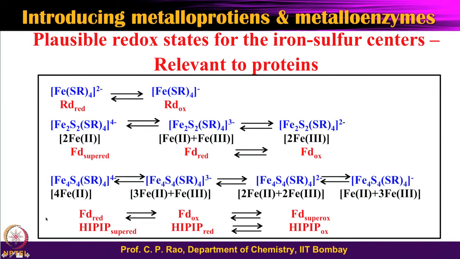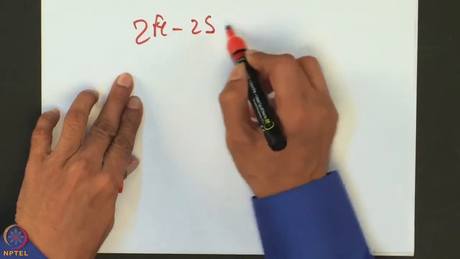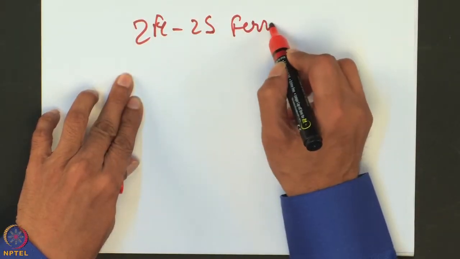But in protein, in the regular ferredoxins, you can find between reduced, which is this one, to oxidized, which is this one, and superoxidized. In regular 4 iron 4 sulfur ferredoxins, let us see the 2 iron 2 sulfur ferredoxin.